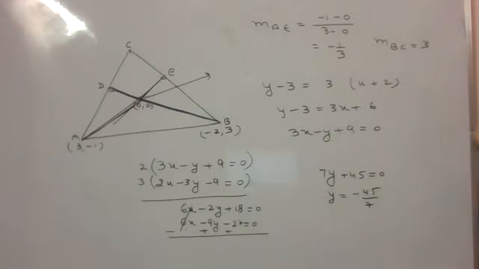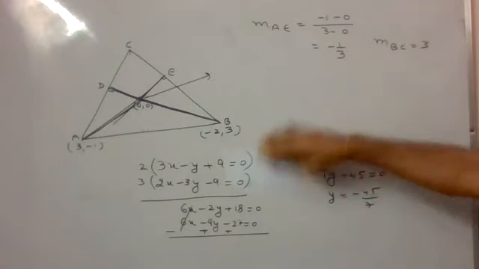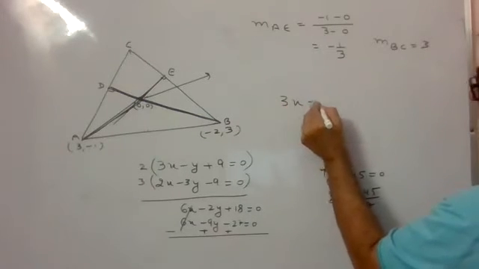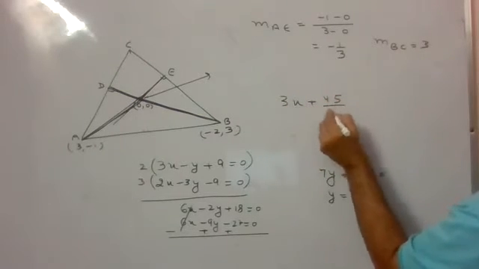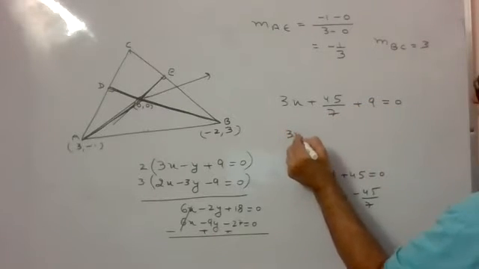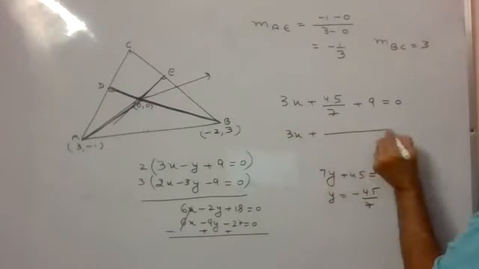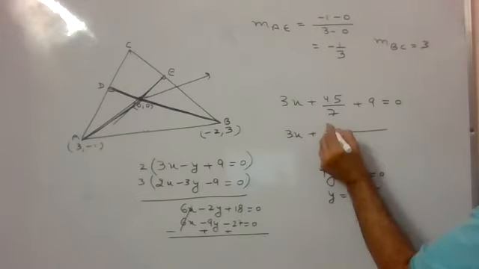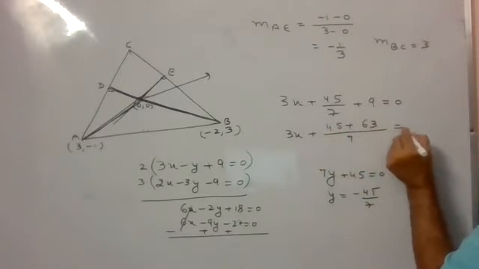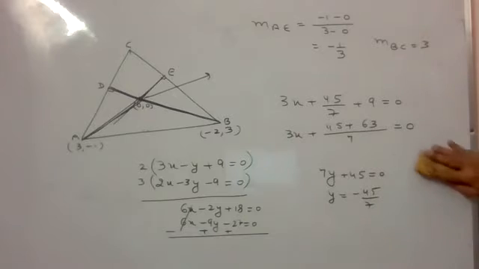Then you want x, so put it in one equation. 3x minus y, so this becomes plus 45 by 7 plus 9 equals 0. So I got 3x plus, 7 is the LCM, 45 plus 9 is 63.